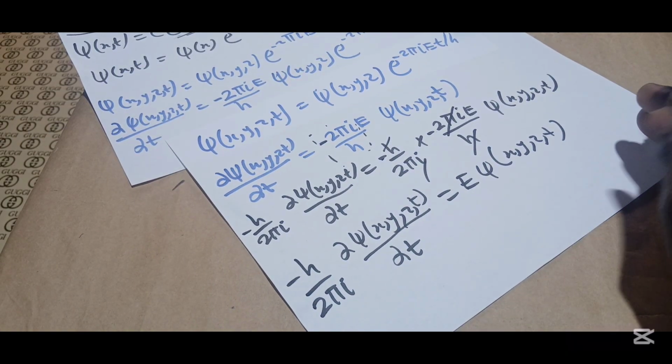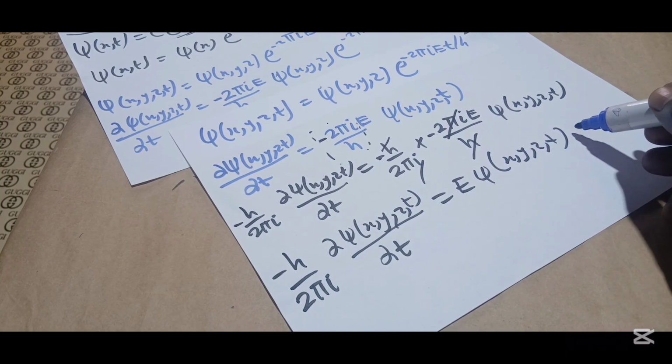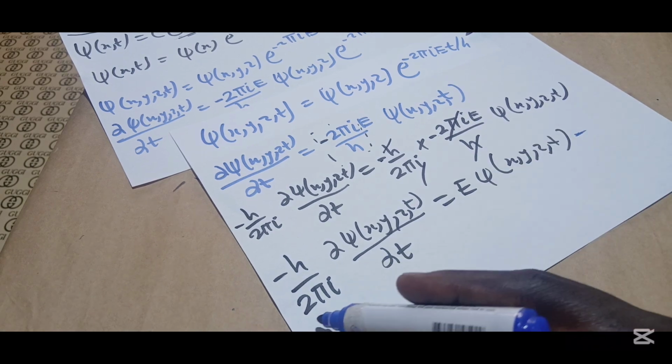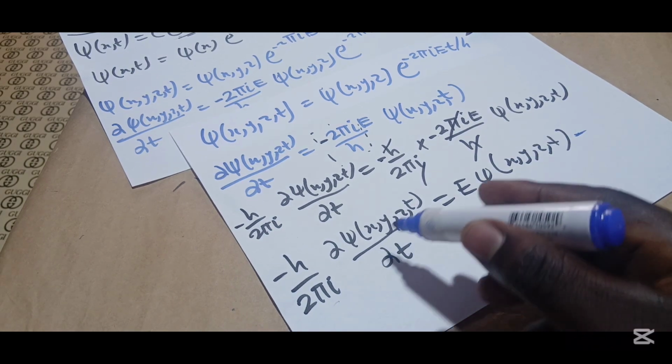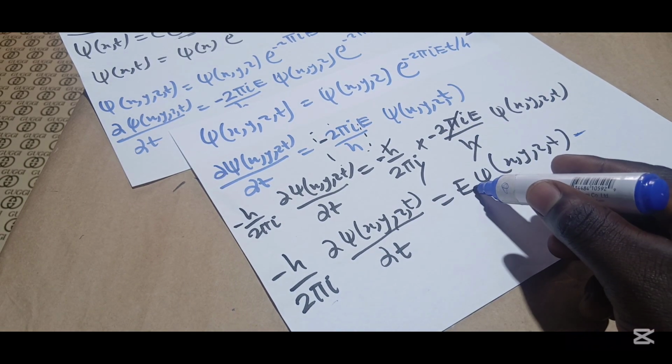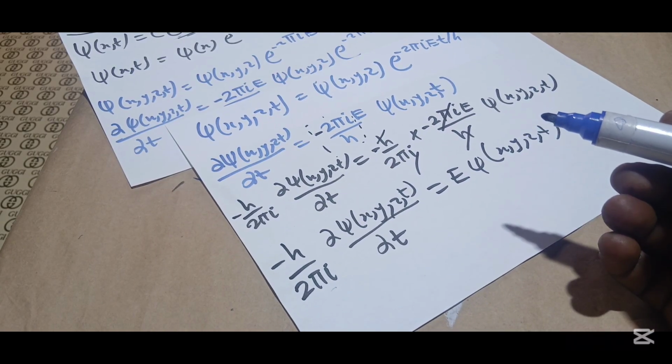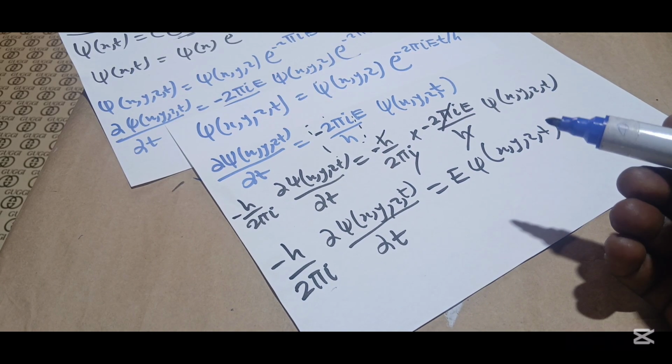So now, this one is clearly our energy equation, because we have the energy operator here acting on the wave function to give us the total energy of the system in the wave function, from the idea of an eigenvalue equation.